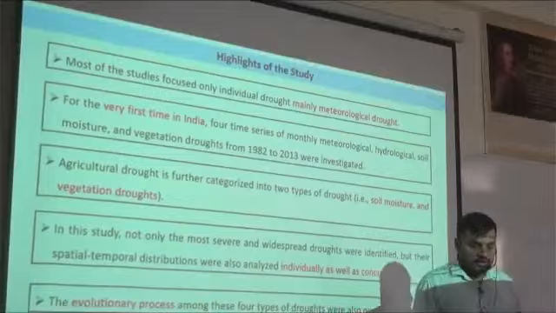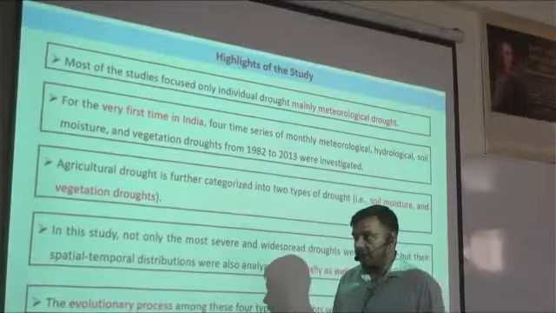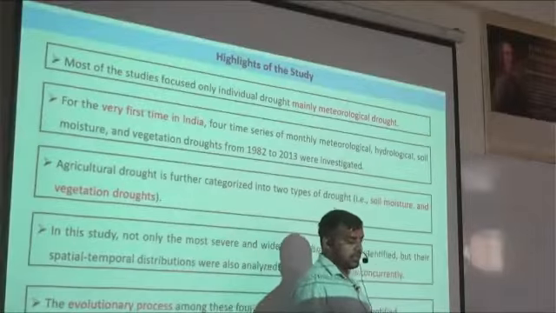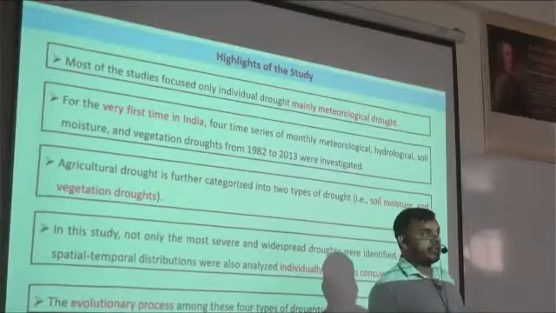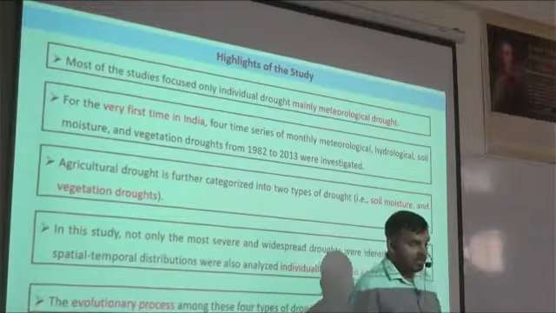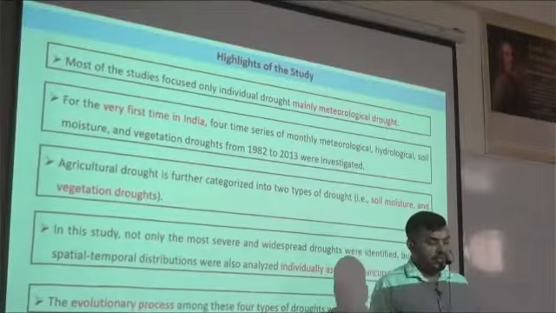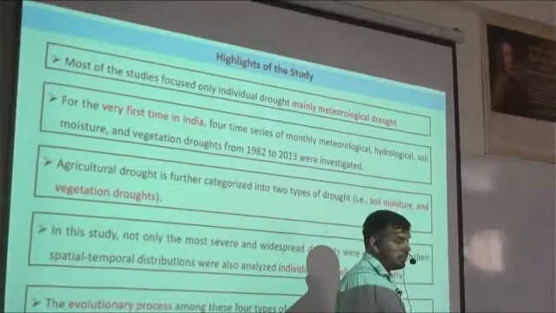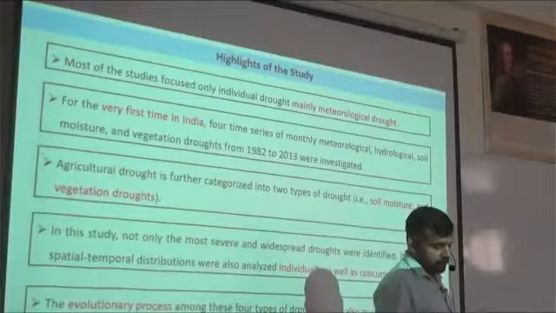In this study we have not only identified the severe drought conditions and the spatial extent of individual droughts, but also the concurrence of them, and finally we have also evaluated the evolutionary process among these four types of drought.